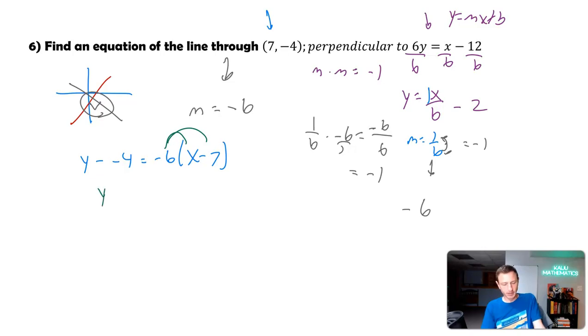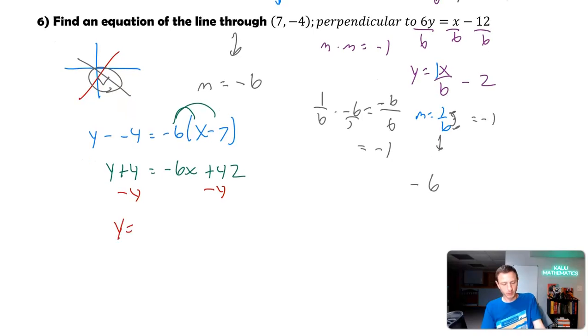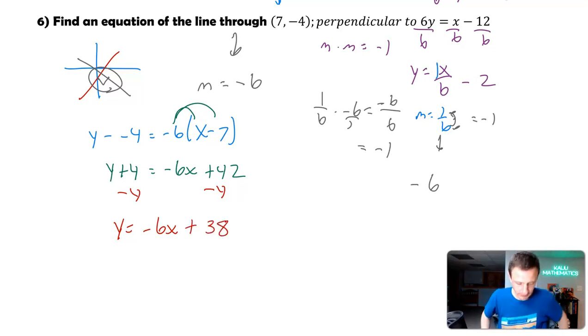This is going to be y plus 4, because it's minus a -4, equals -6 times x is -6x. -6 times -7 is positive 42. Minus 4, y equals -6x plus 38. 42 minus 4 is 38. So that is our equation.